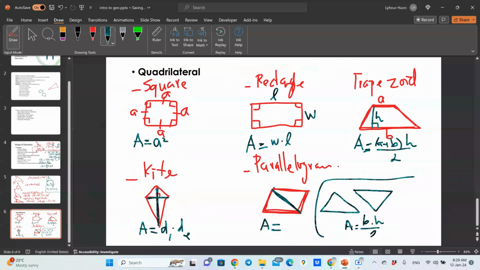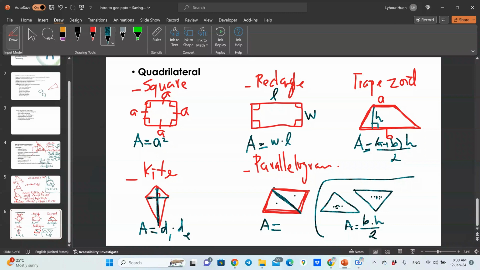But a parallelogram is two equal triangles, right? Here and here. Yeah. So what do you think is the area of a parallelogram?